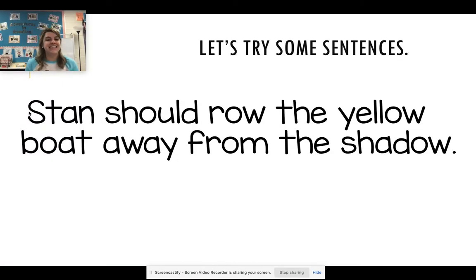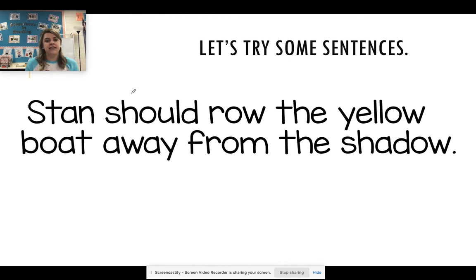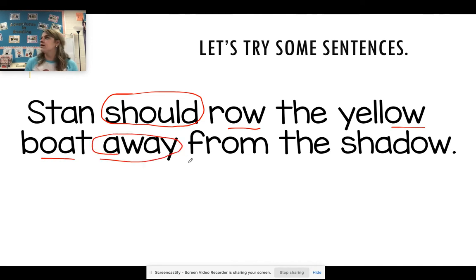Okay? Stan should, okay, here is our red word, should. Row, there's that O-W at the end of a word. The yellow, there it is again. Boat, whoop, it's in the middle, boat. Away, there's a red word. From, there's a red word.